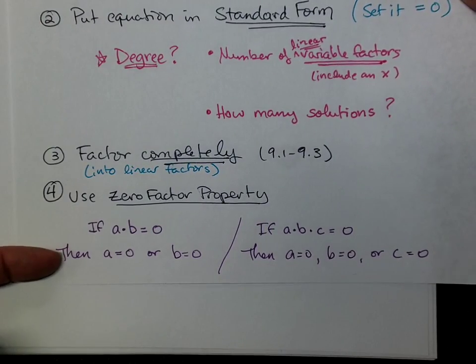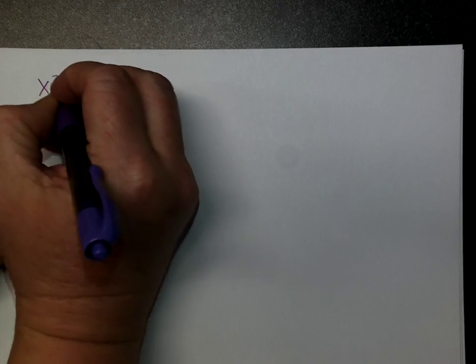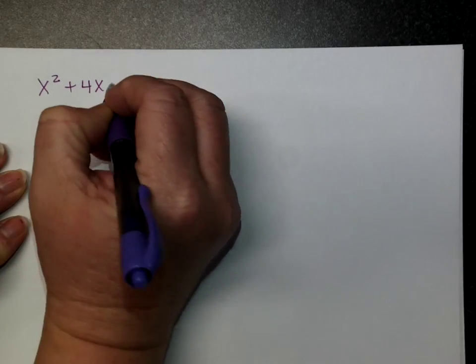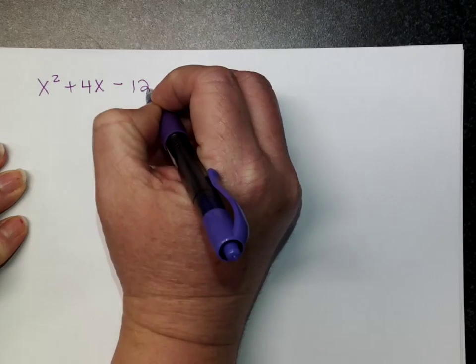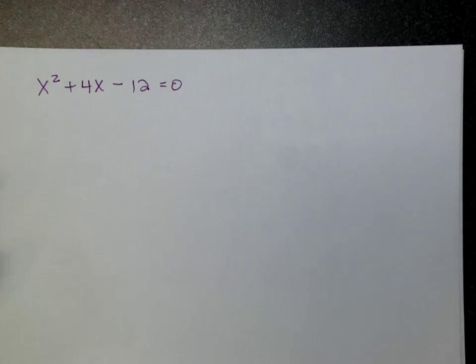So, with that list in mind, keep that by you, because like I said, this order matters. Let's put that to work in some equations. Given a polynomial equation, x squared plus 4x minus 12 equals 0.